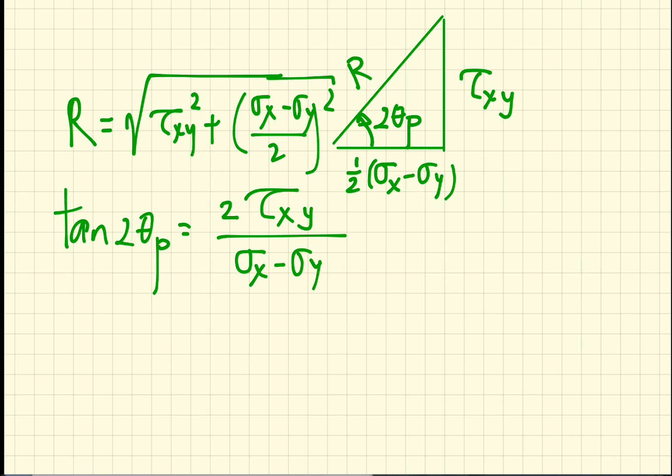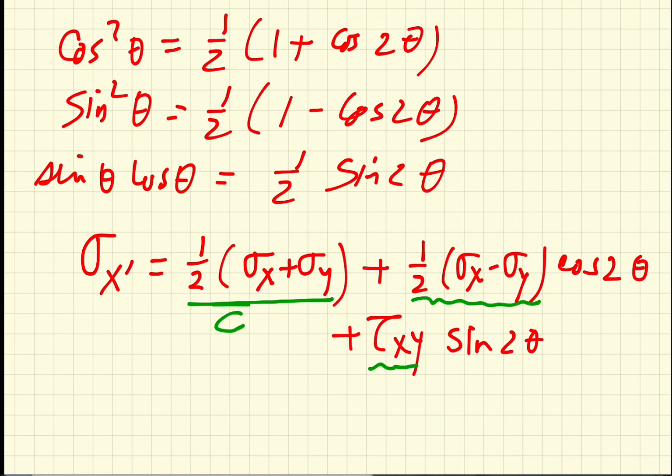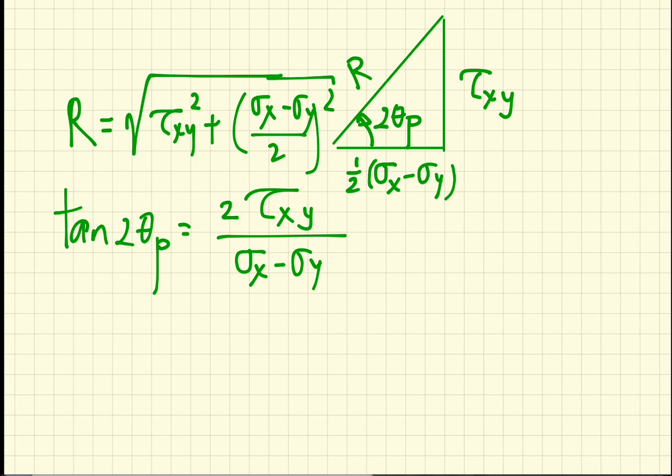With these definitions, if you look at the previous equation, this amount here will be r cosine 2 theta p, and this amount will be r sine 2 theta p. Now I can take r as a common factor, and I have cosine, cosine, sine, sine, and then I use a trig identity. Then I can rewrite the previous equation in an even simpler form, and it is going to look like this.